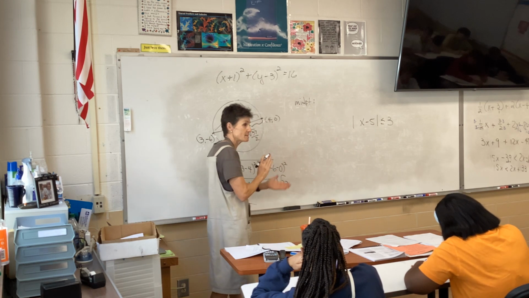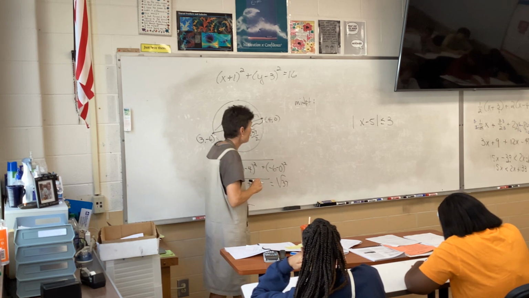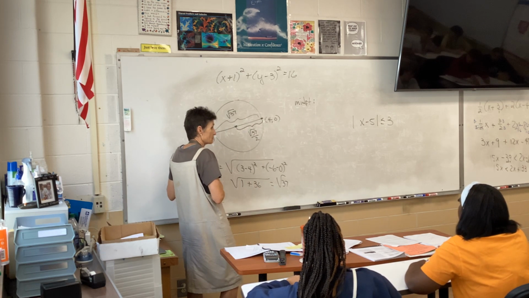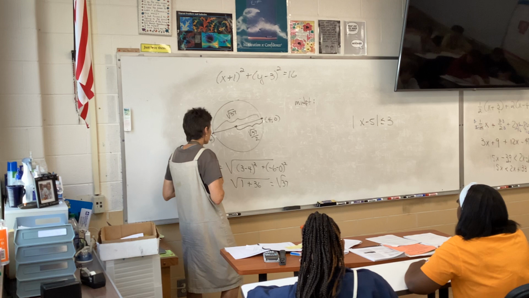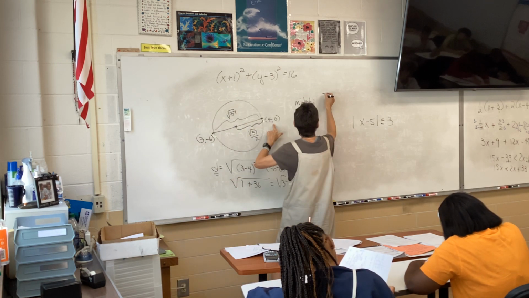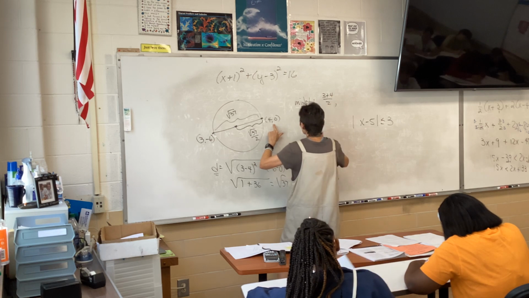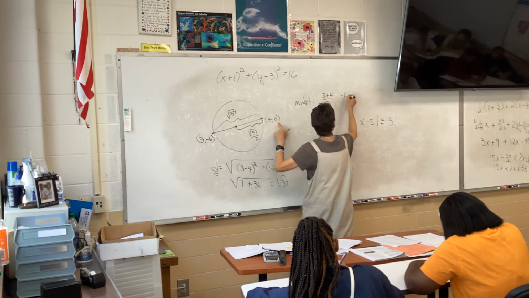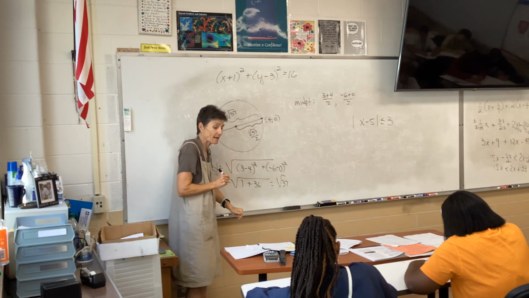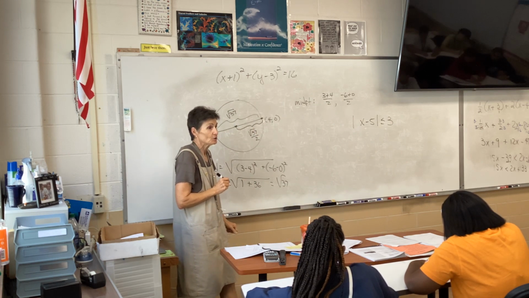Well, we talked about this. x1 plus x2 over 2, y1 plus y2 over 2. Exactly, the average. So 3 plus 4 divided by 2, and negative 6 plus 0 divided by 2. We add them and divide by 2.